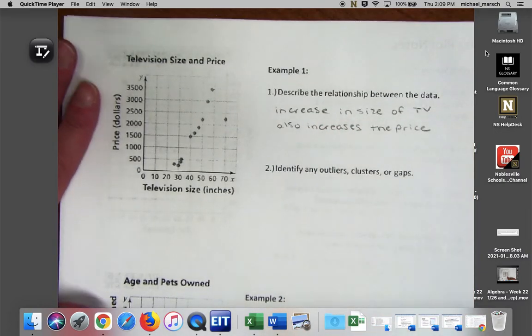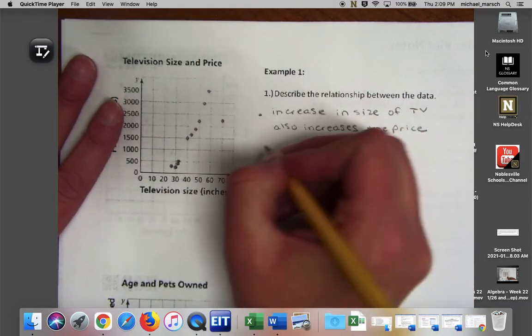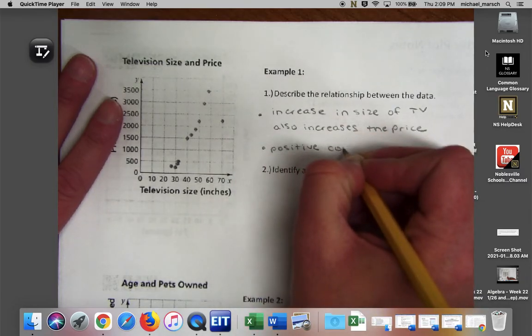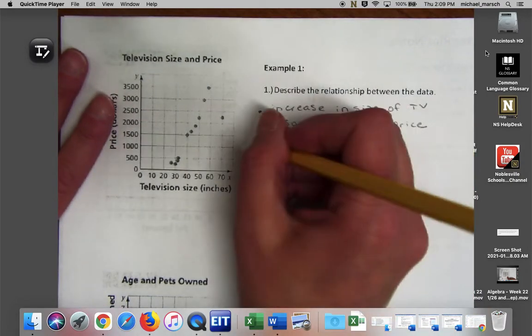So is this a positive, negative, or no correlation? What do we have here? Positive, right?